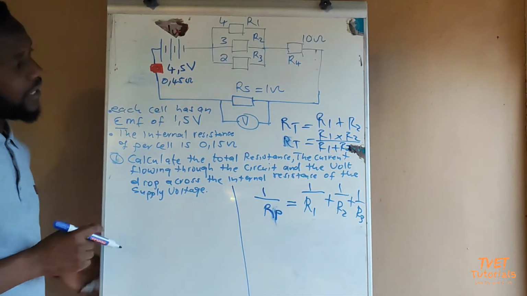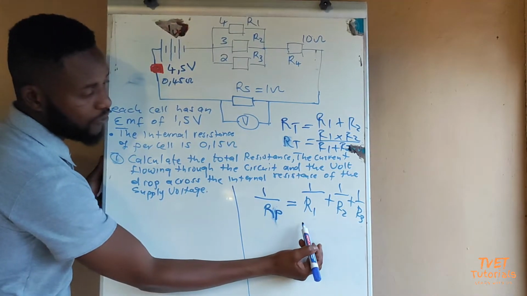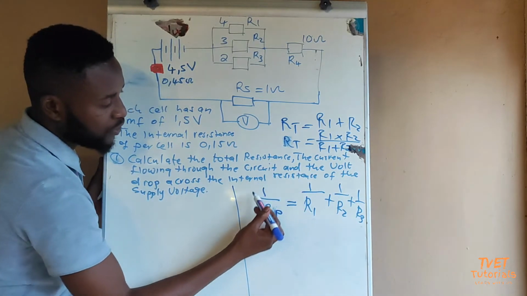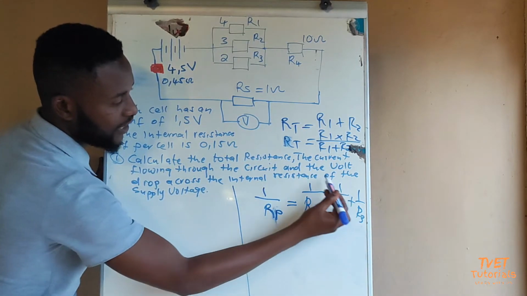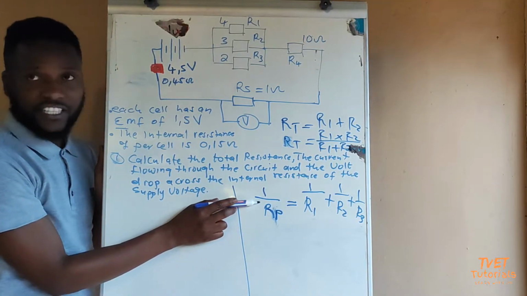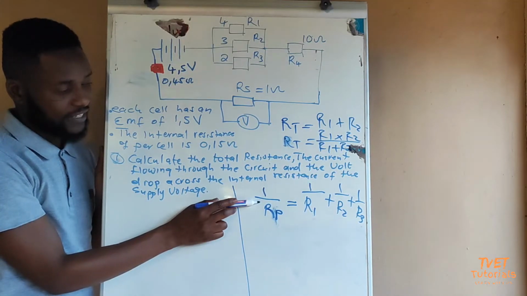So, as I've explained before, if you have 2 or 3 resistors that are connected in parallel, you can apply this equation to calculate the total parallel resistance.